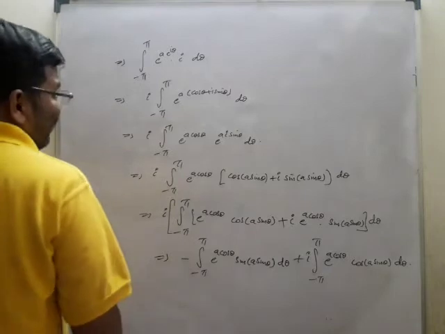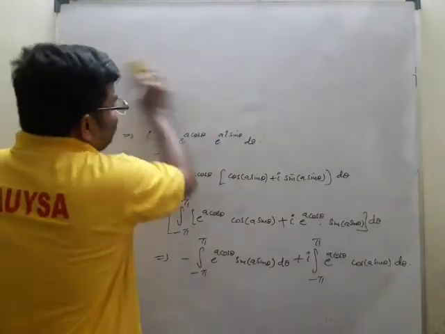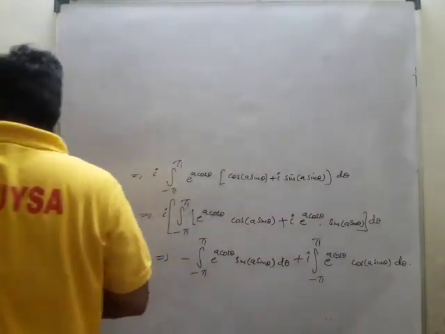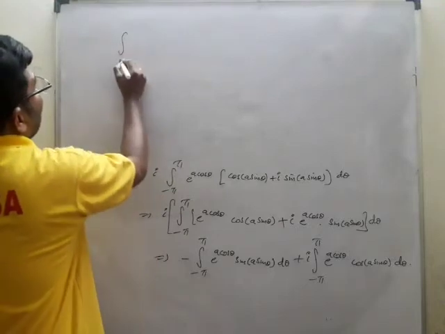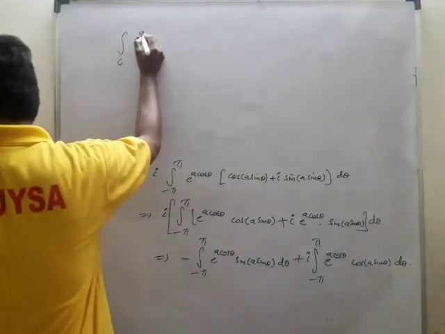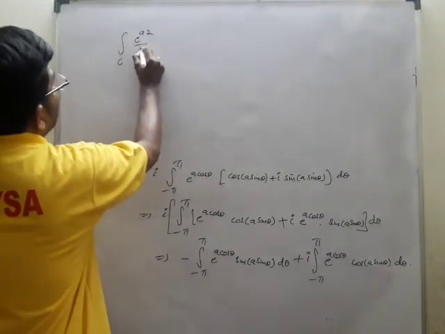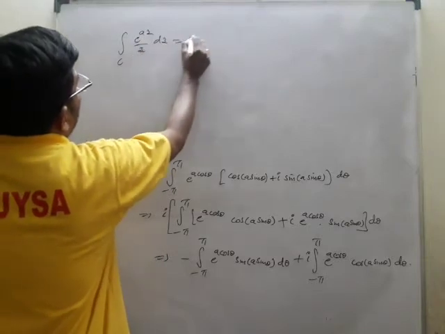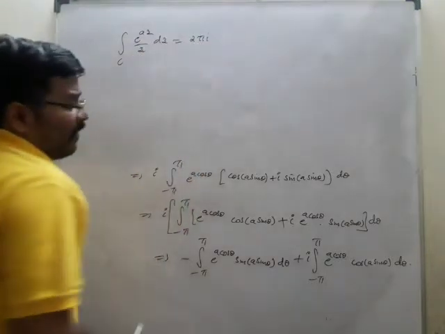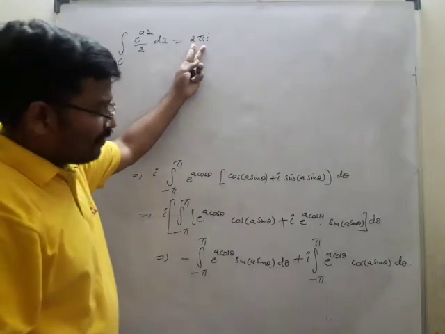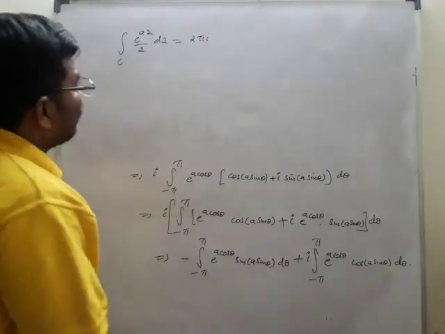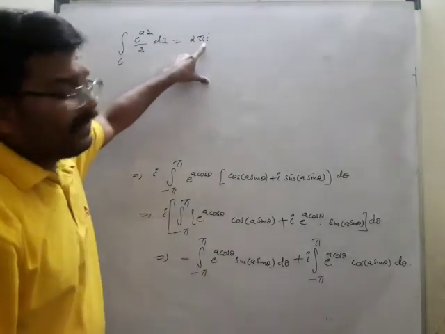But what we know already is that the integral over C of e power az by z dz is equal to 2 pi i. This is what we have. Now we will equate this 2 pi i to this, which we have already found.